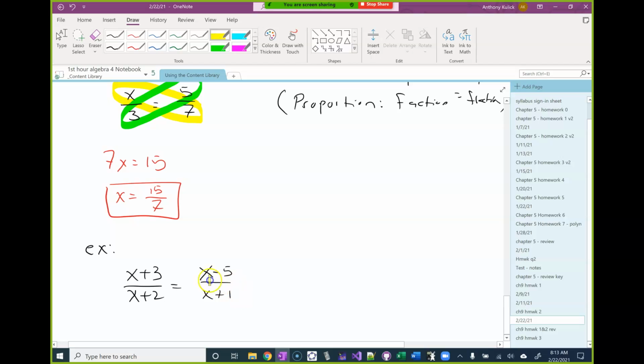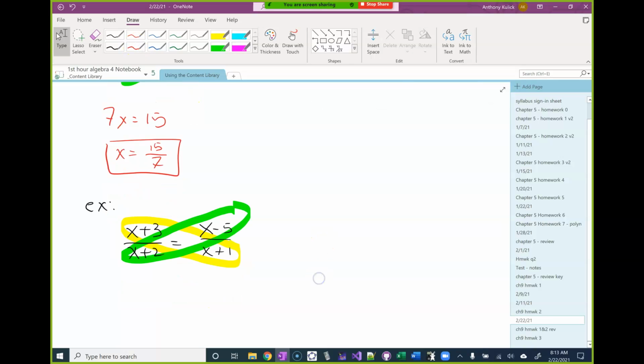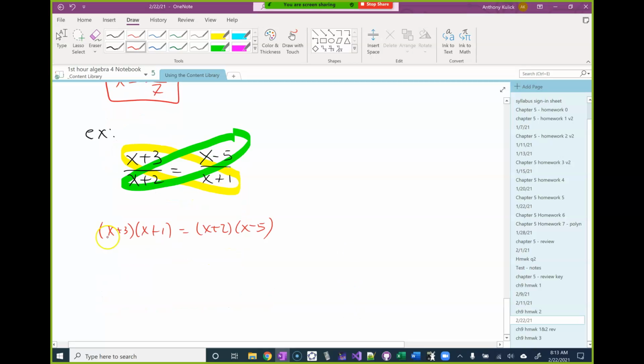So I'm going to start the same way. We'll do our cross multiplication. And then I'd have to FOIL each one of these out, so I'm going to just do that in my head.